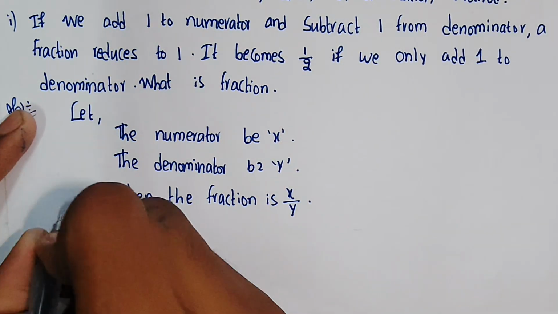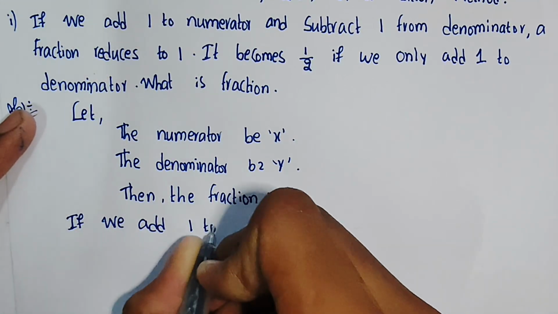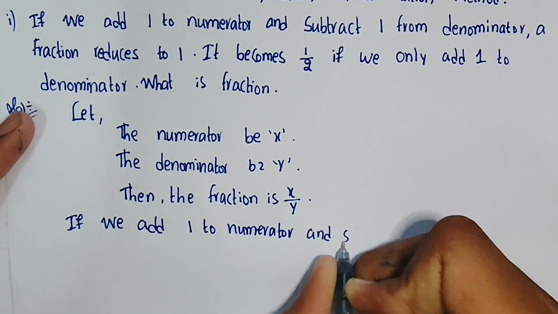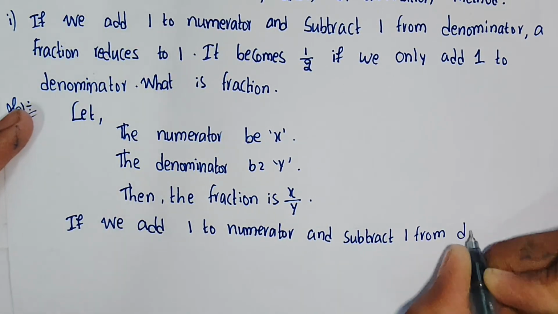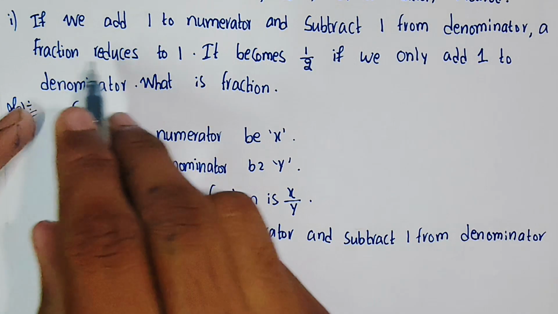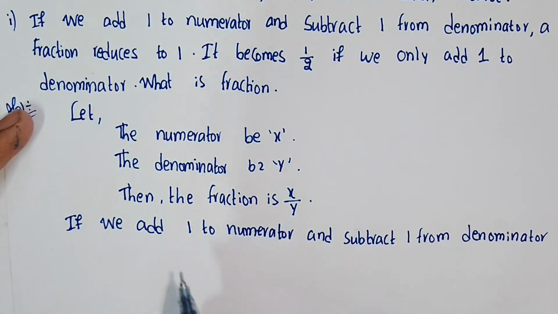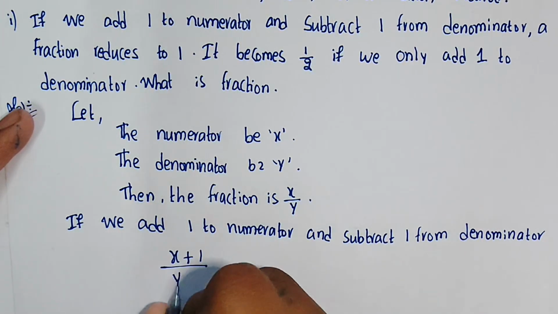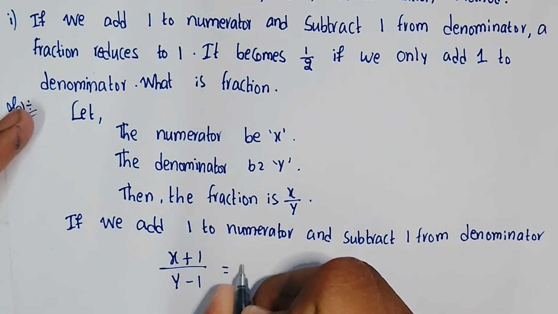So what they said: if we add 1 to numerator and subtract 1 from denominator, x plus 1 by y minus 1 equals to, they said a fraction reduces to 1, means equals to 1.